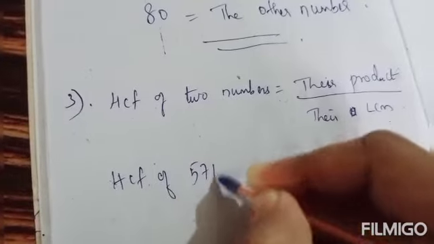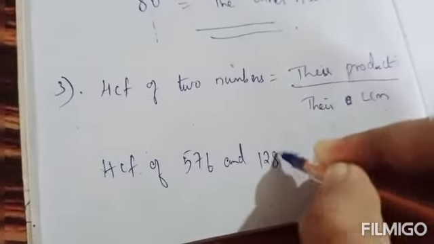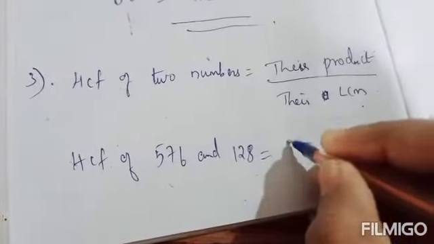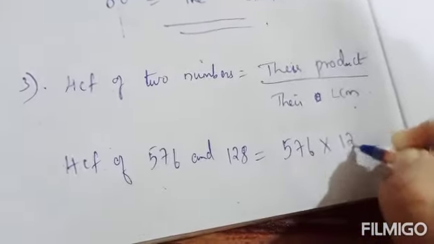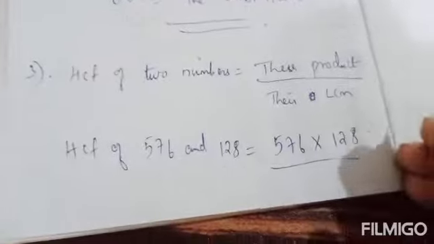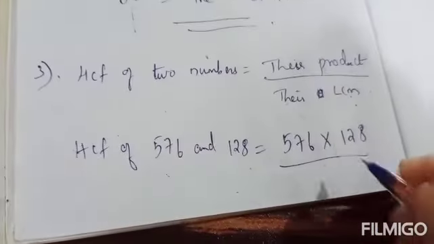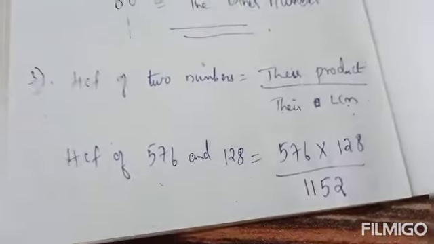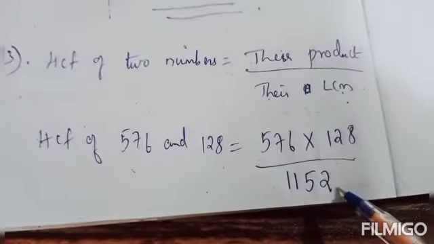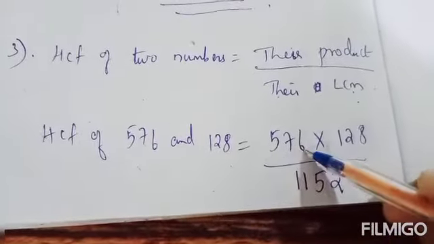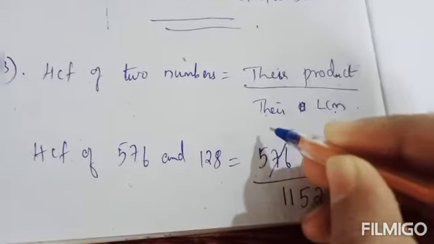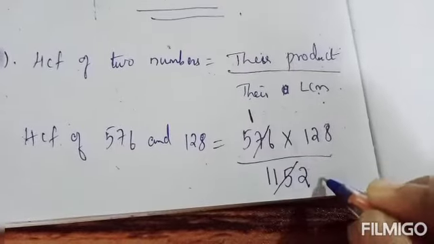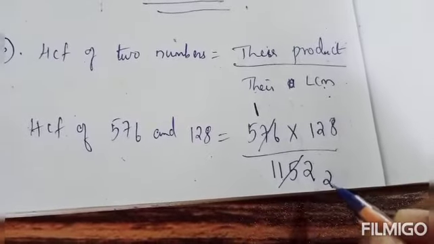So the HCF of 576 and 128 equals their product, 576 into 128, divided by their LCM. It is given in the question that the LCM is 1152. Now 1152 will go in 576: 576 into 1 is 576, and 576 into 2 is 1152.